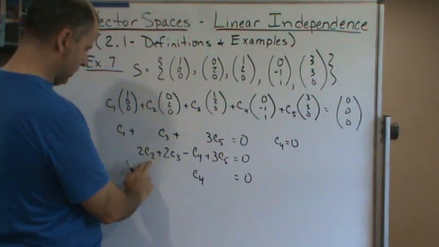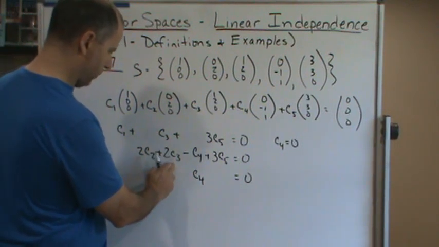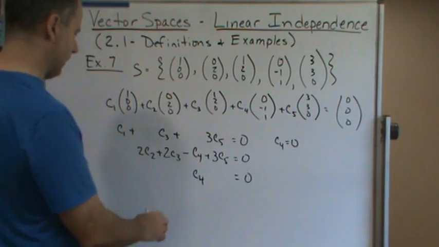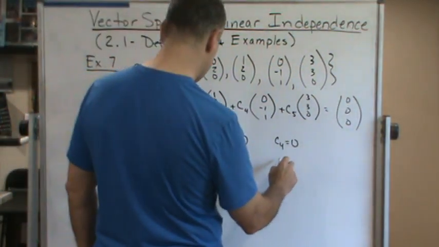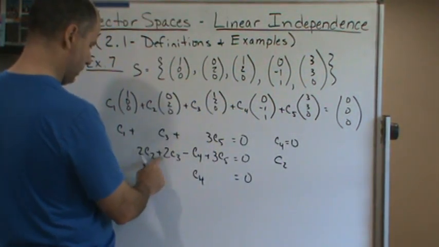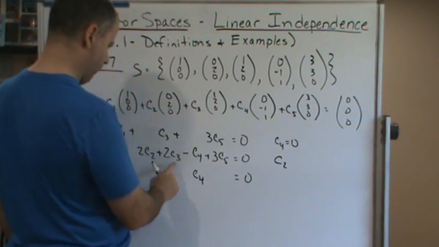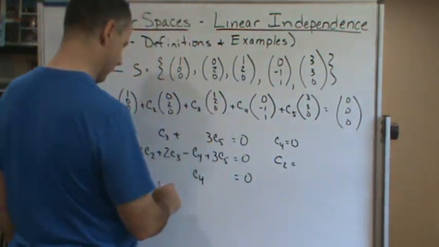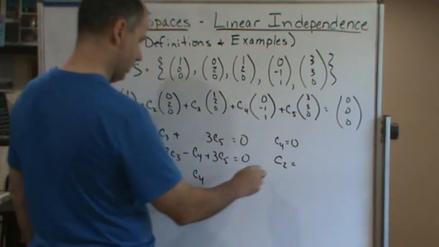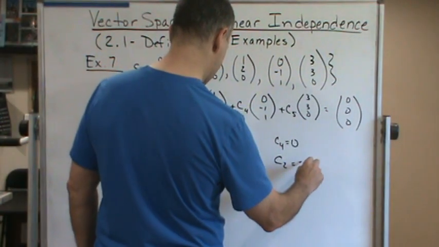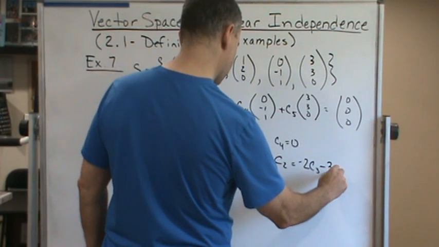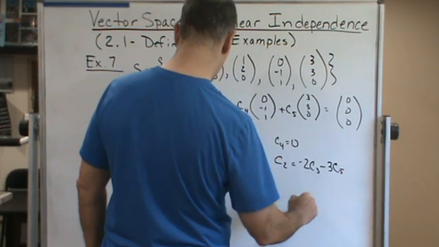We have C1, C2, and C4, which leaves C3 and C5 as our free variables. So C4 is 0, so C2 is going to equal minus 2C3 minus 3C5, all divided by 2.